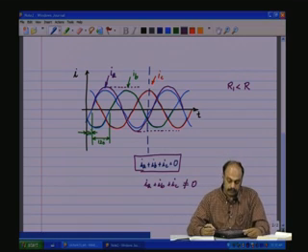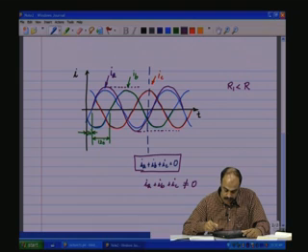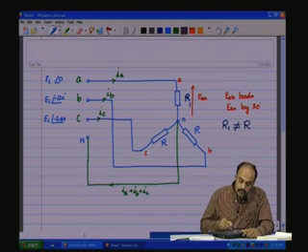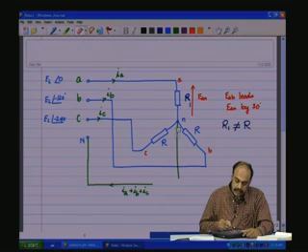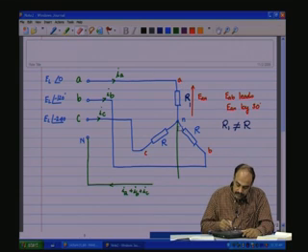Now, suppose in the circuit we are not connecting the neutrals of the source and the load, then there is no path for IA plus IB plus IC to flow in this return path, that is the neutral line. So, therefore, what happens at this summing point junction, Kirchhoff's current law states that the sigma IA plus IB plus IC should be equal to 0, which means the excess current should get divided into the other two phases.